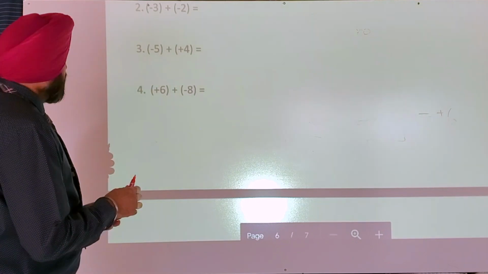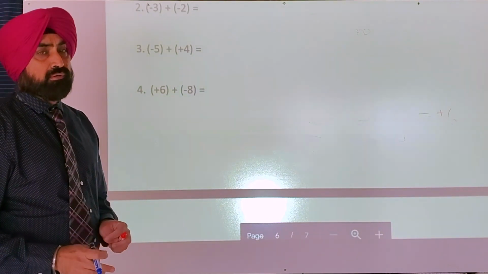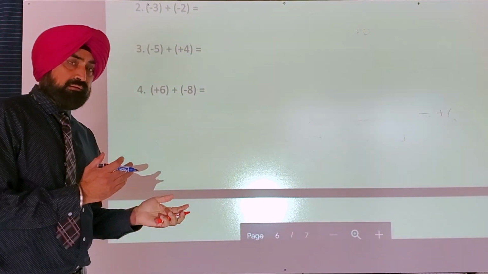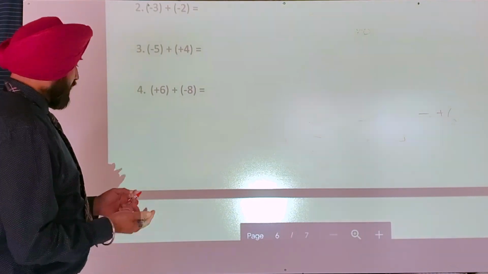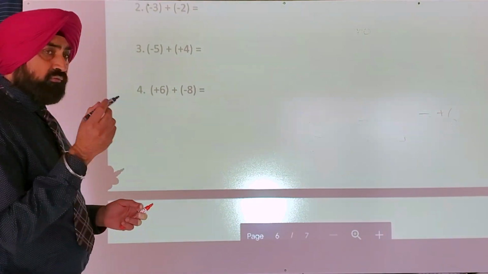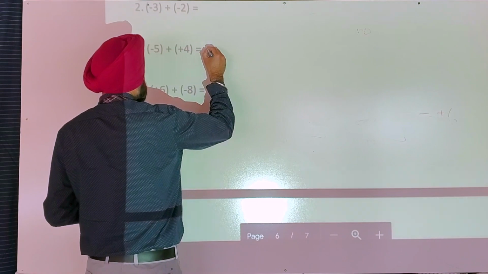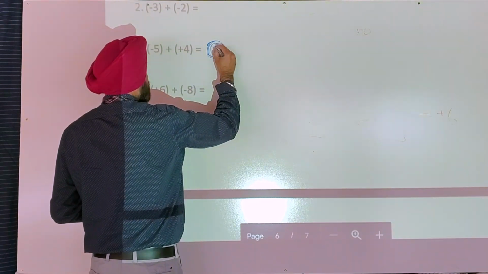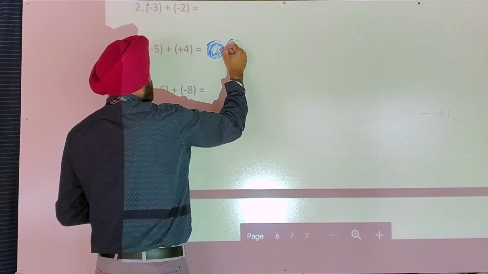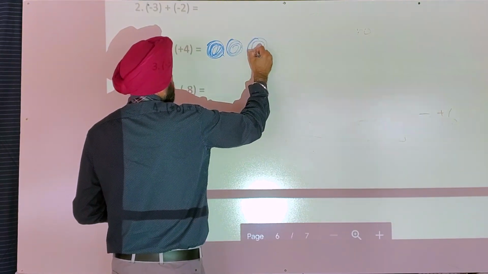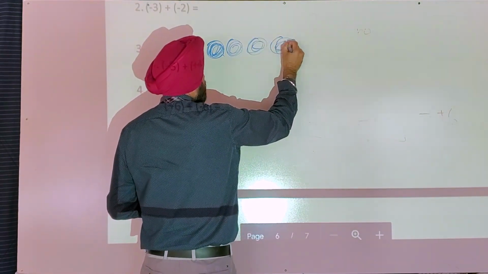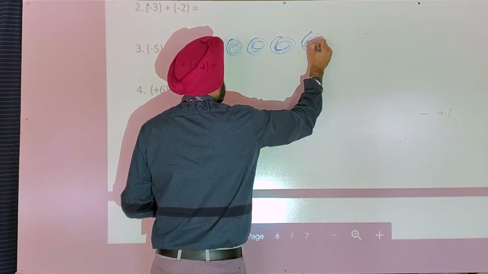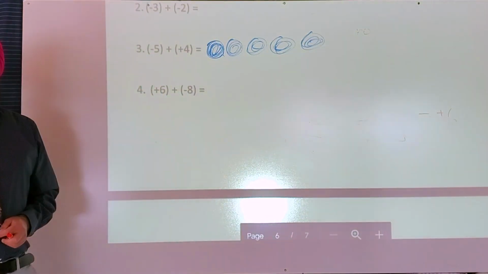Third one, negative 5 and positive 4. So we have two different signs now. So negative 5 means we need 5 blue chips. 1, 2, 3, 4, 5. This represents negative 5.